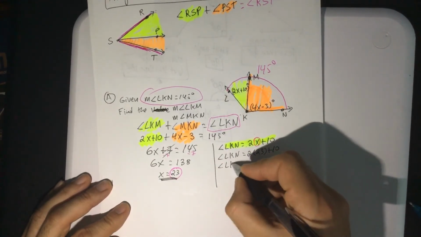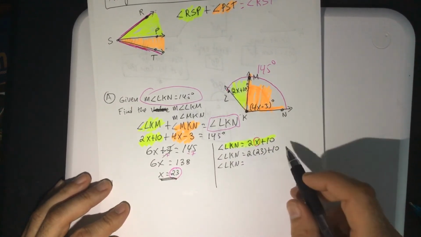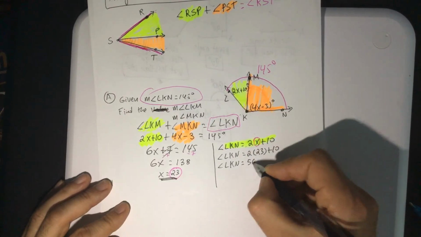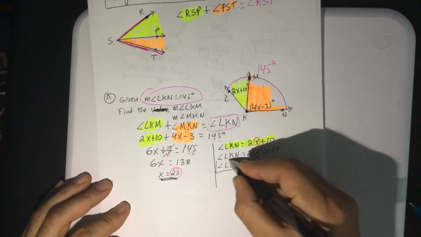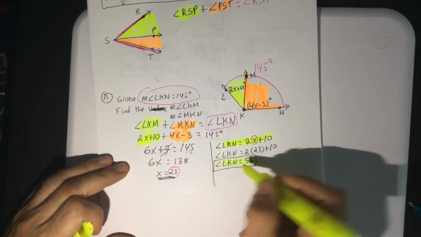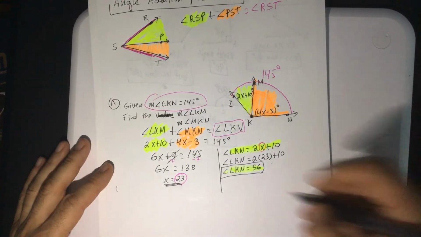And if you simplify this, 2 times 23 is 46. 46 plus 10, that will be 56. So the yellow angle, LKN, is 56 degrees.